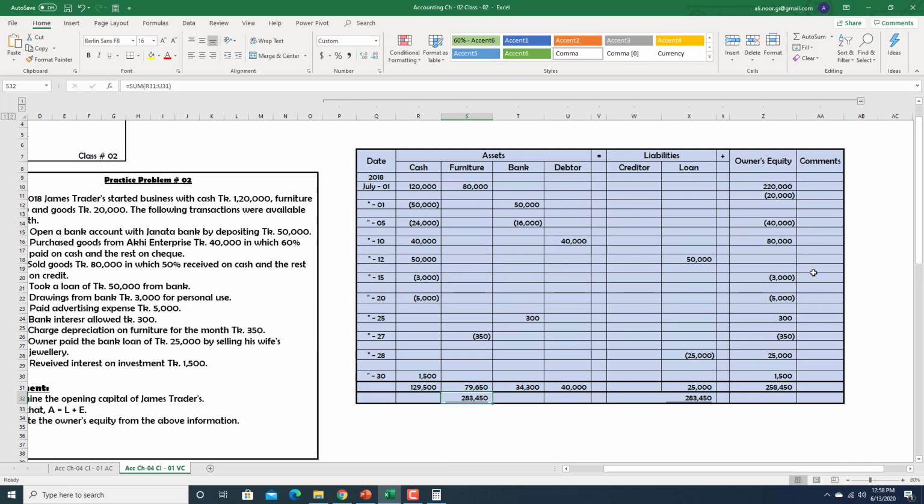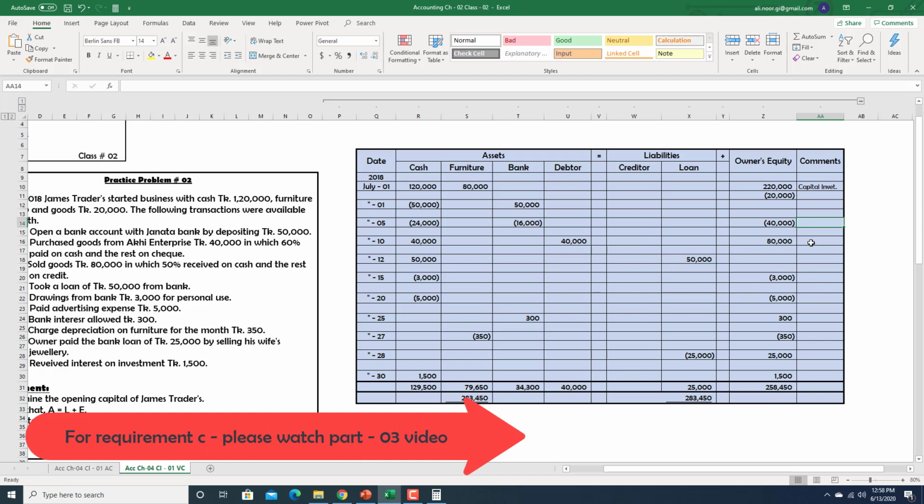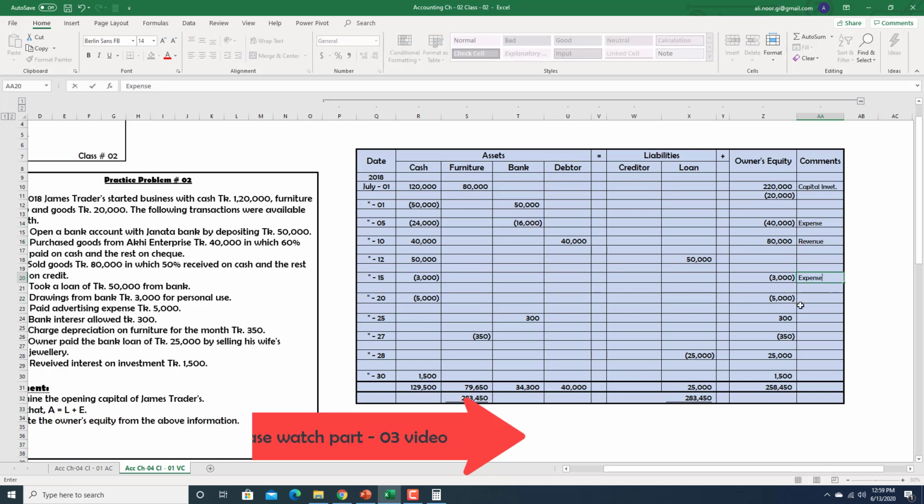And now we can write the comments. This is capital investment, and I write it short. This is purchase expense. Let's write expense. This is revenue. This is expense. You can write what type of expense it is, no problem.